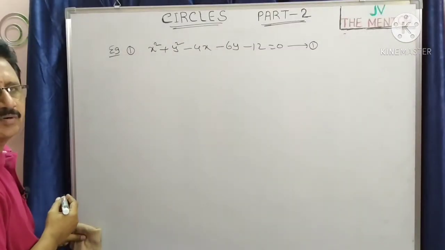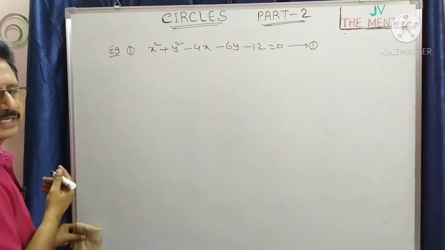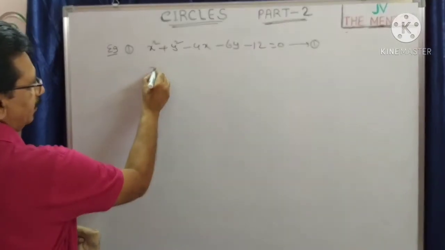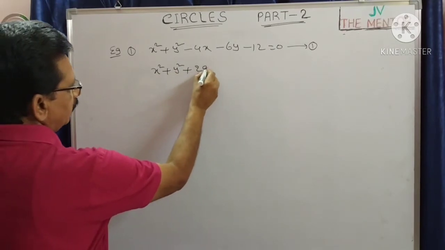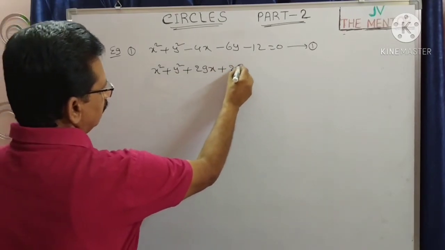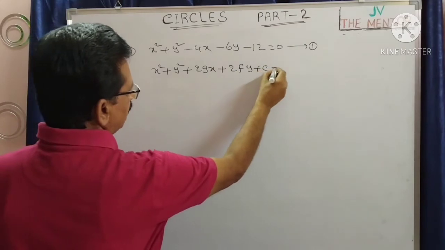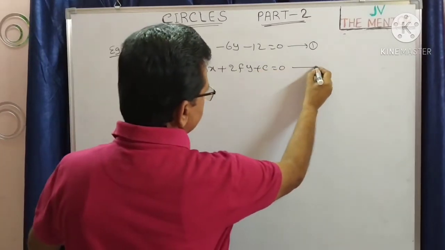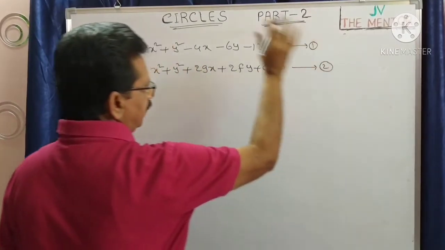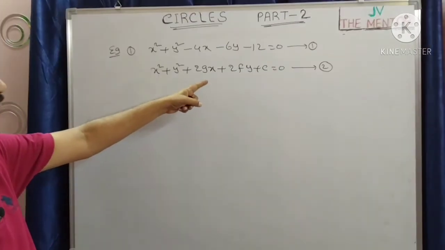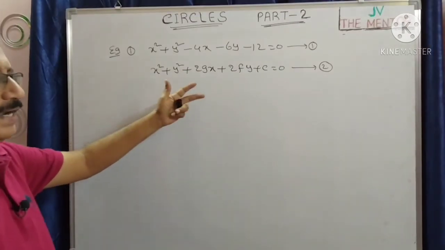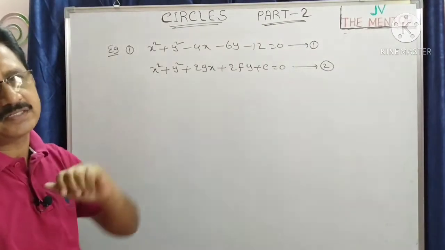What is the standard form of the circle? x square plus y square plus 2gx plus 2fy plus c equal to 0. This is the standard form of the circle. Comparing the given equation with the standard form of the circle, then we will get the value of g, f and c.